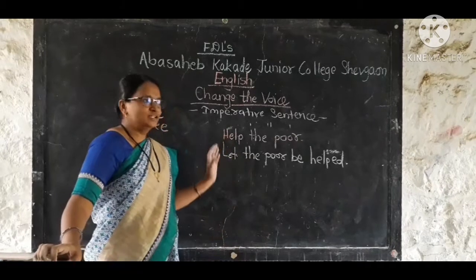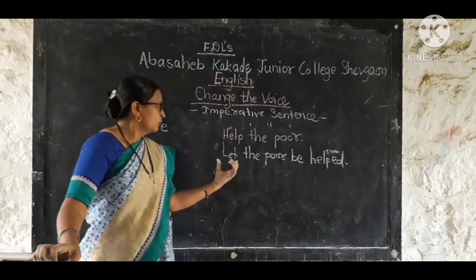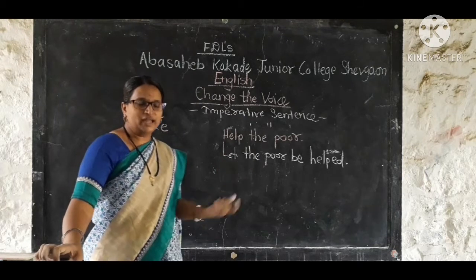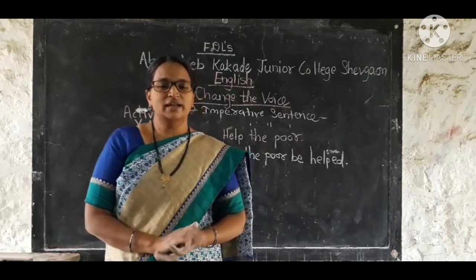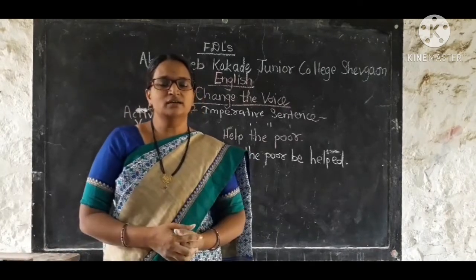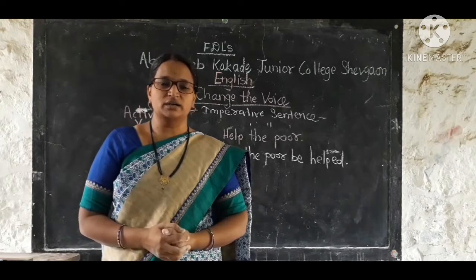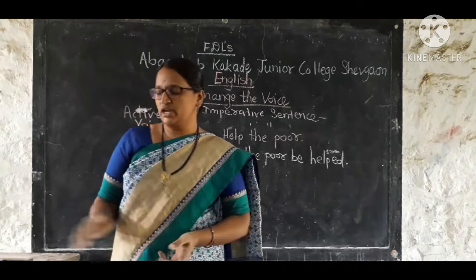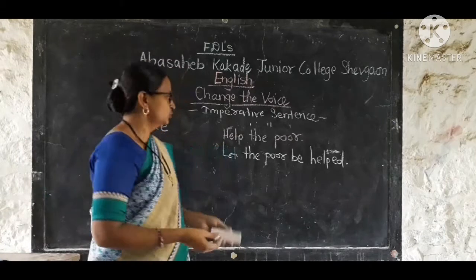Now, while changing that particular imperative sentence into passive, we have to begin our sentence with let. Then we have to use object from the sentence. Then use be. Then third form of the verb, that is V3 or past participle of the verb. And in this way, we can change that particular sentence from active to passive.